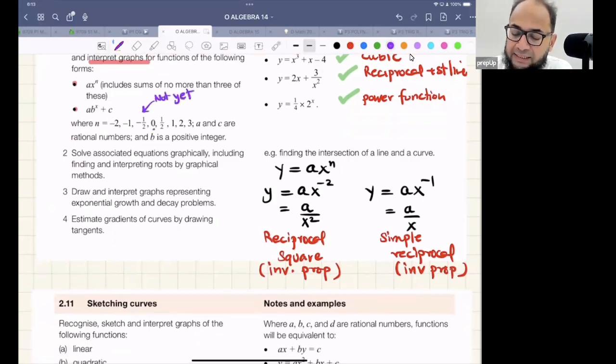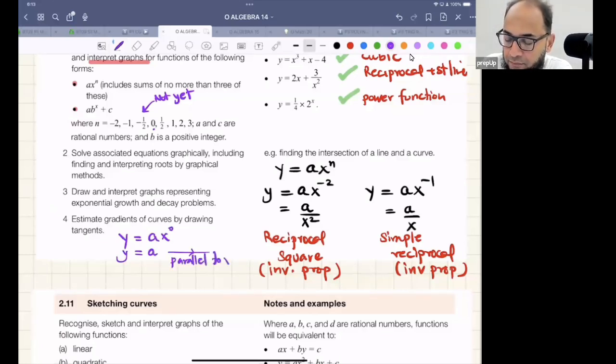What if n is 0? y is equal to ax^0, which is simply a. y is equal to a is a line parallel to the x-axis. What about power 1? y is equal to ax^1, that is a straight line.